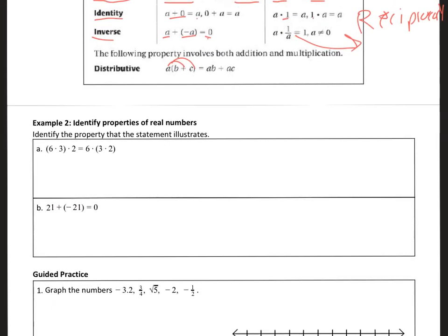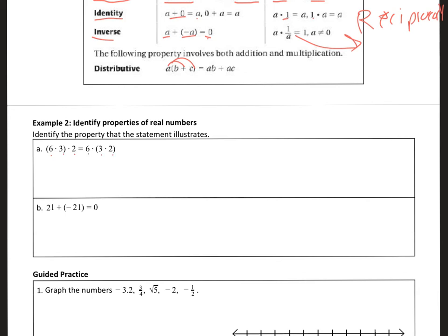The property for the statement for A in example 2: 6 times 3 in parentheses times 2, and then this is 6 times 3 times 2 in parentheses. If I look at the order of the numbers in this multiplication, it doesn't change. 6, 3, 2. 6, 3, 2.